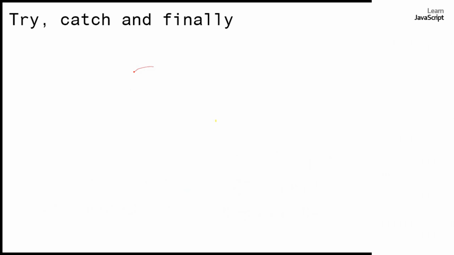So let's say that this is a window object, and let us say that some JavaScript is running in this window. It can be an external JavaScript file or an inline script which is running inside this window object.